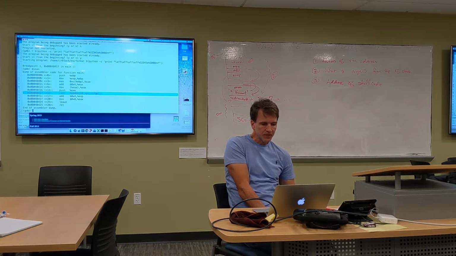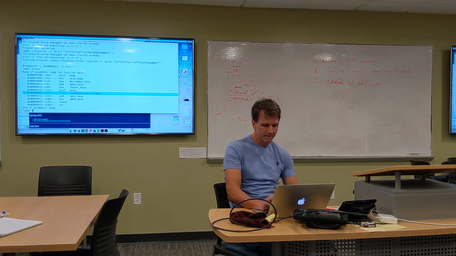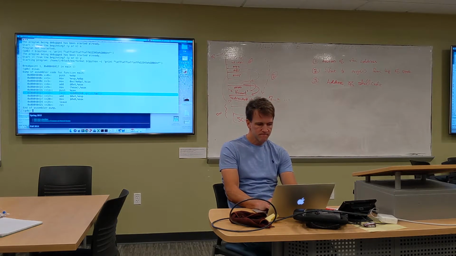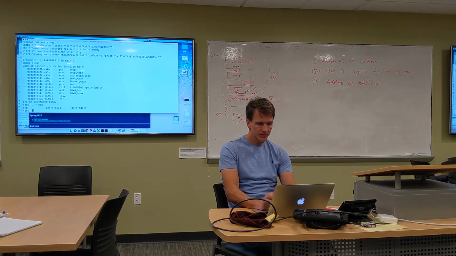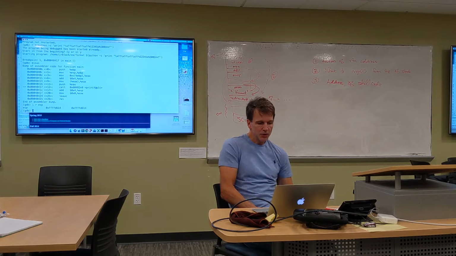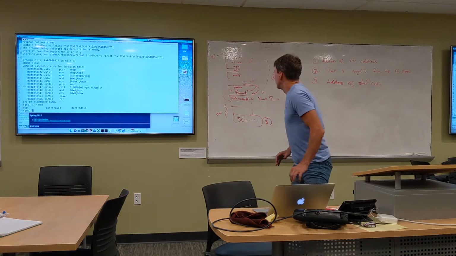Let's see. So how do I do that? How far down is it? Check the ESP. Okay, so ESP is the value currently at the top of the stack, right? That's it.